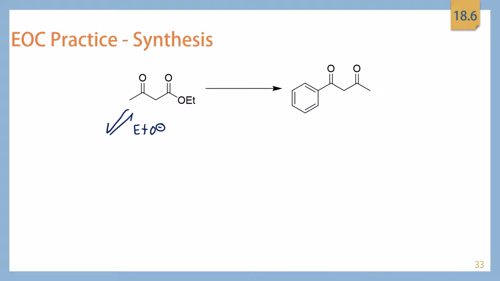So a reaction with ethoxide would give us an enolate. And now all we have to do is figure out what we are going to add on. And that's going to be this portion. So we need that.